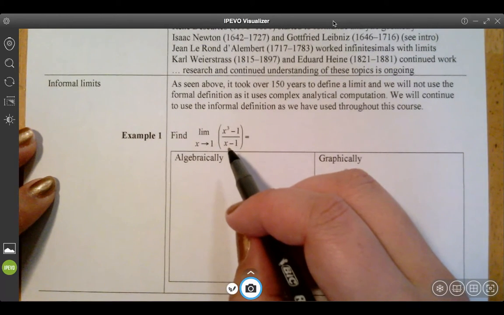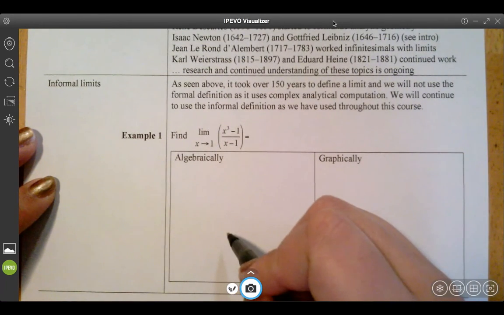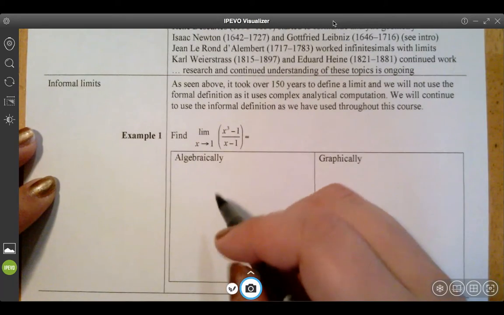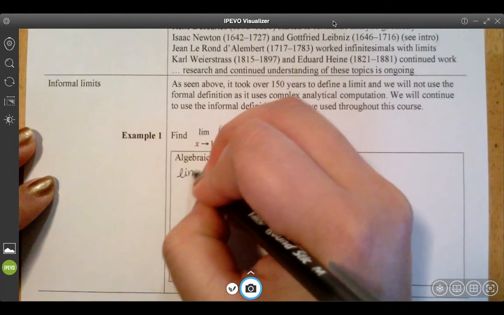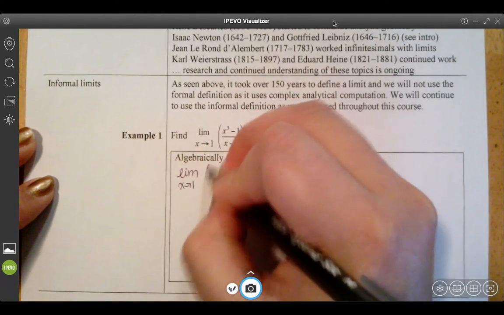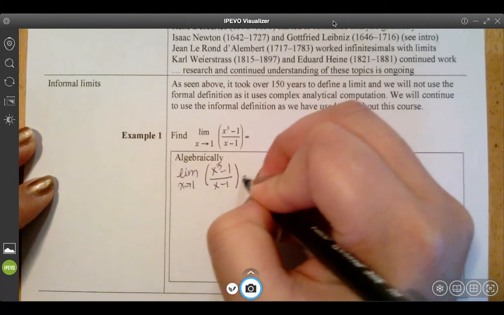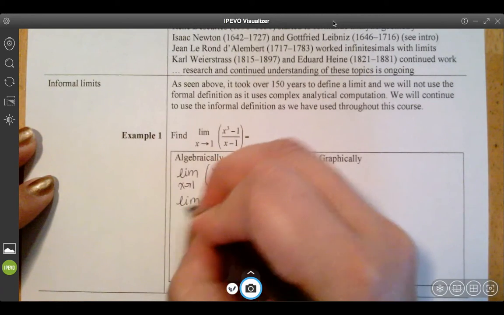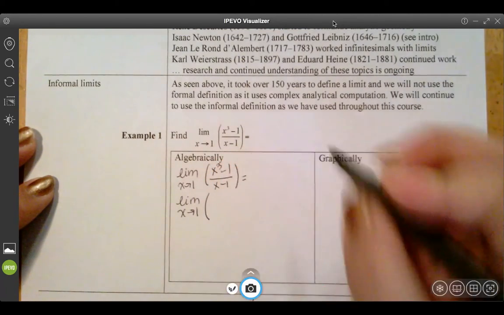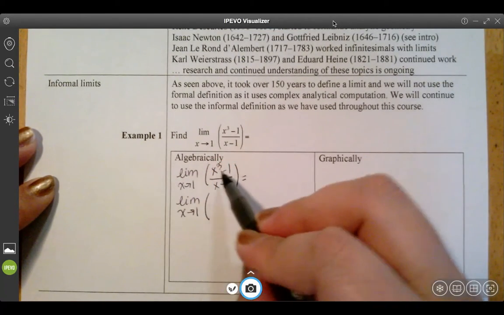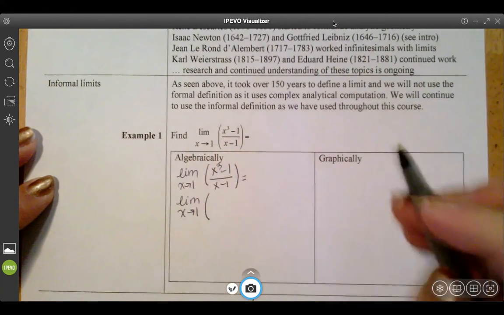We have to see if we can eliminate this factor of x minus 1, just like we did with h in section 1. So to find the limit as x approaches 1 of x cubed minus 1 over x minus 1, we need to find the limit as x approaches 1 of, and we're factoring the numerator here. This is a cube, so it's a difference of perfect cubes.